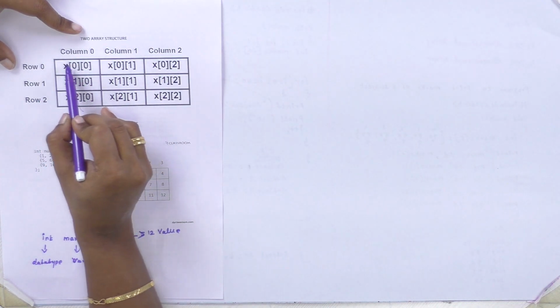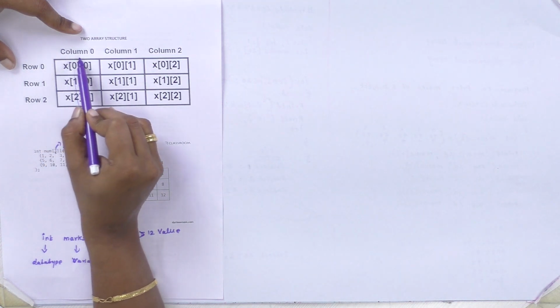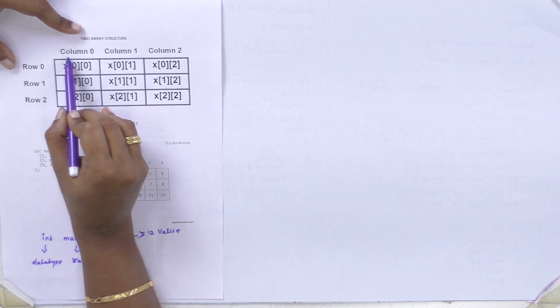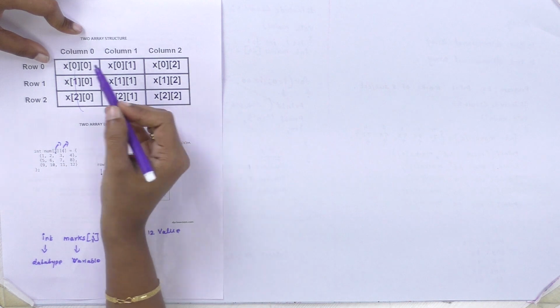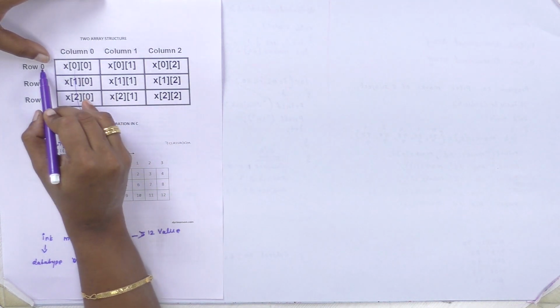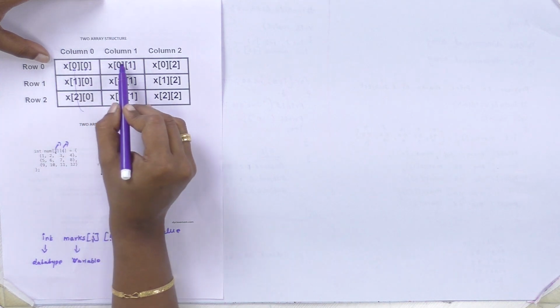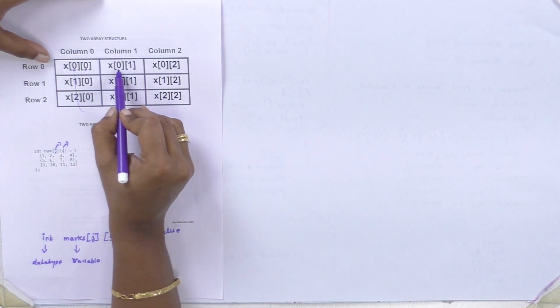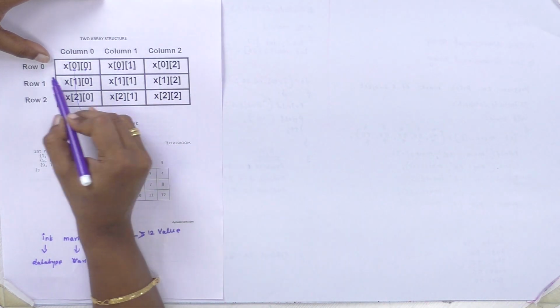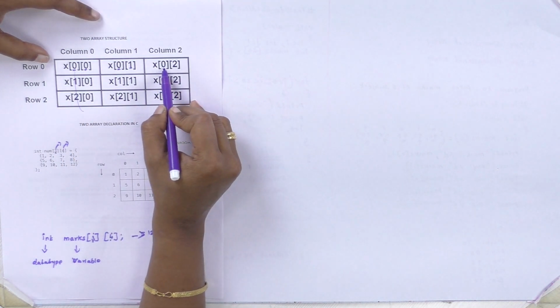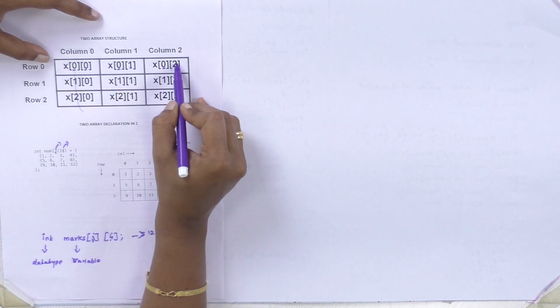So this represents the first cell, which means first row and first column. So the index value will be 0th row and 0th column. Then the next one is 0th row, first column. Then the next cell is the same 0th row, second column.